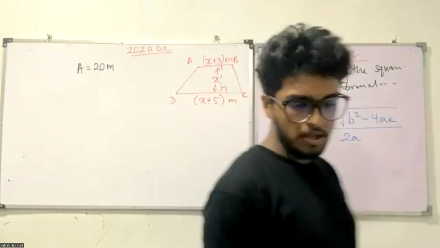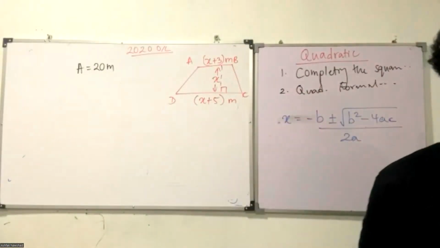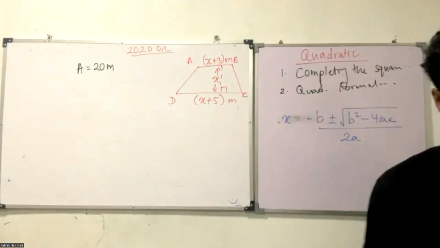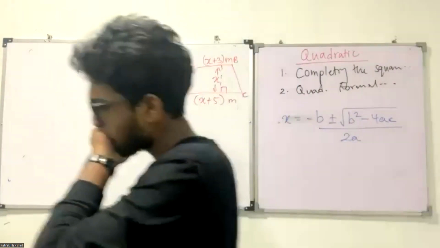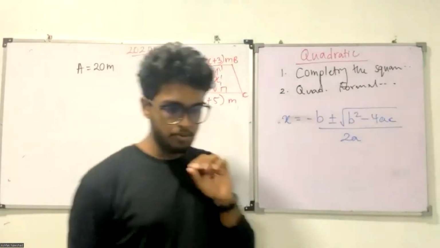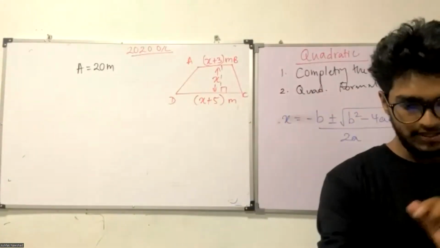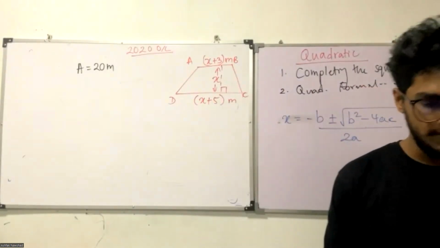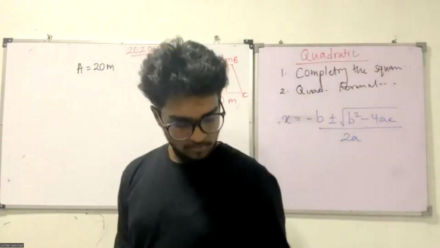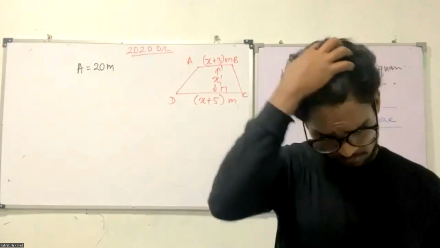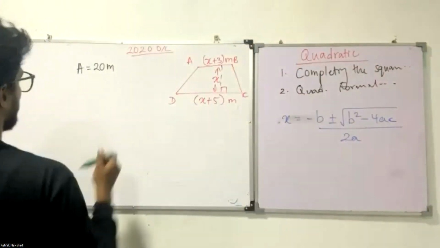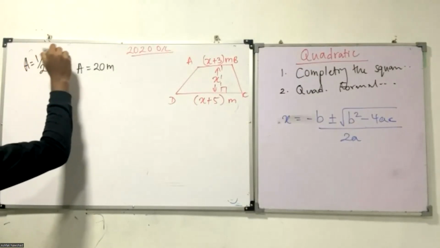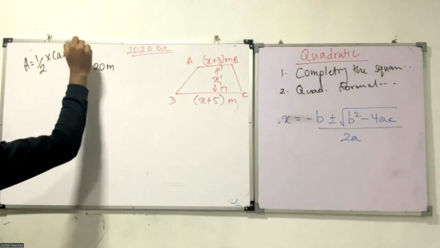Let me know the area of a trapezium in the chat. Real quick. How to find the area of a trapezium? What's the formula? I'll give you time to type it. Exactly. The area of a trapezium is given by half into a plus b into the perpendicular height.